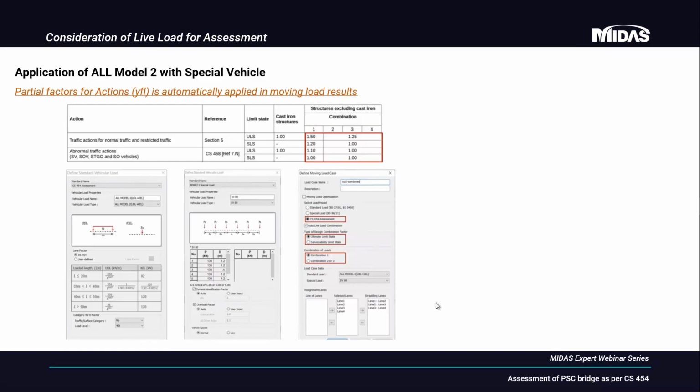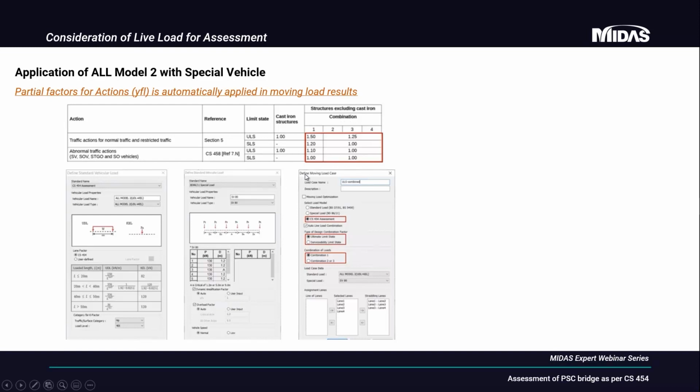When we are defining a moving load case, we select the code according to which we want to perform the moving load analysis, and we define whether it is an ultimate limit state or serviceability limit state, and what combination we are going for. Regarding gamma FL, the partial factor for action effects to be considered for moving load, as shown in the table here, needs to be applied differently for the ULS and SLS cases.